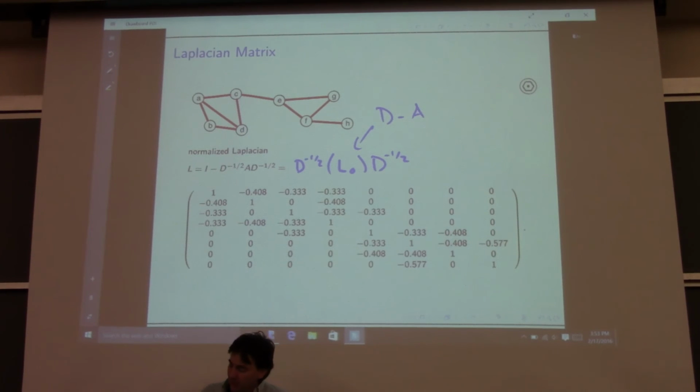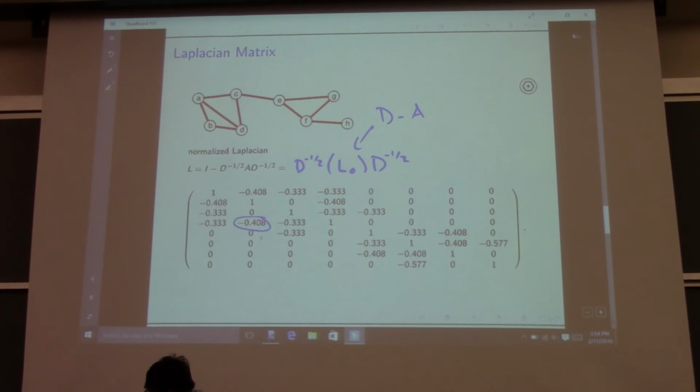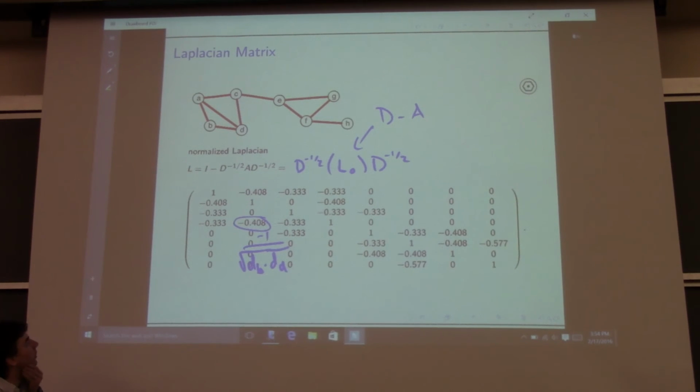What this effectively does is take this entry, which before was a -1, and divide through by the square root of the degree of B times the degree of D. So it's -1 divided by the square root of the degree of B times the degree of D. I looked at the degree of the two vertices that it corresponds to.